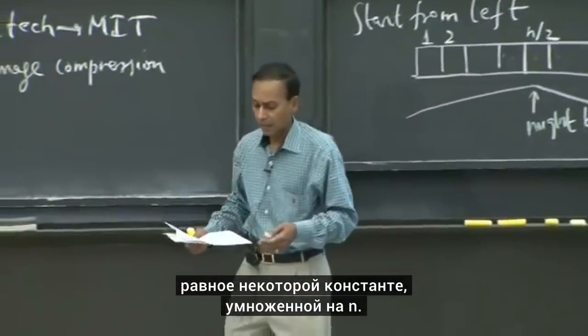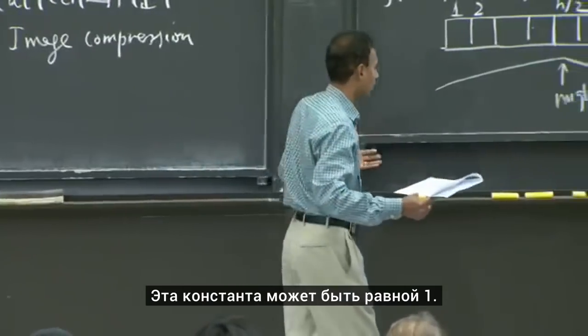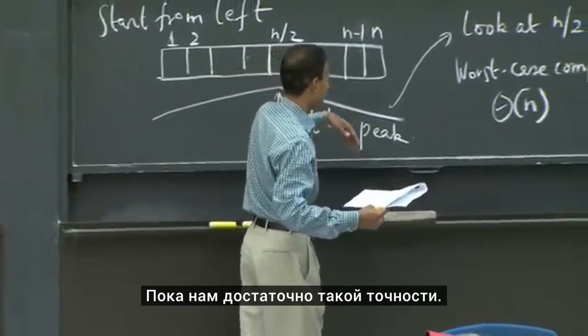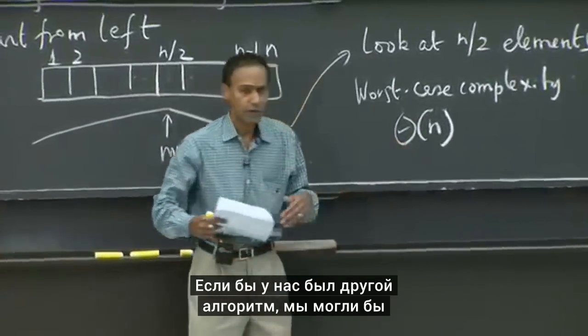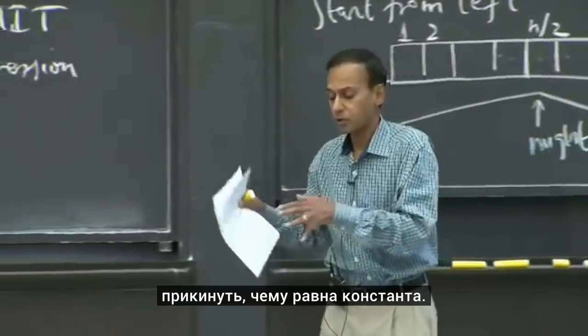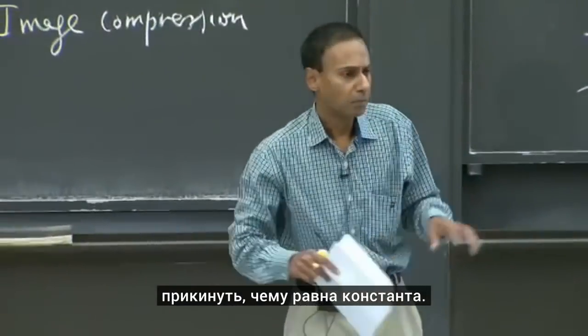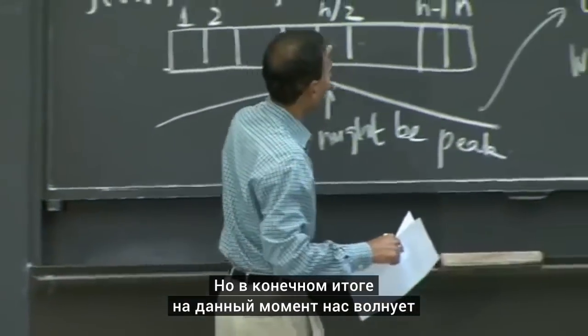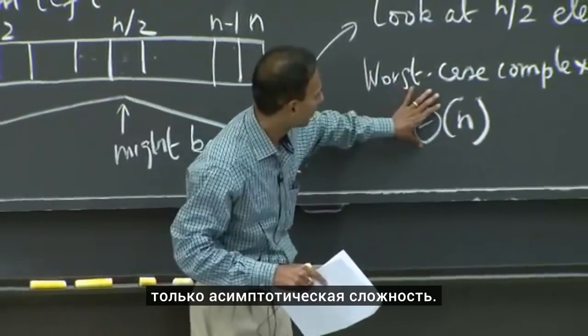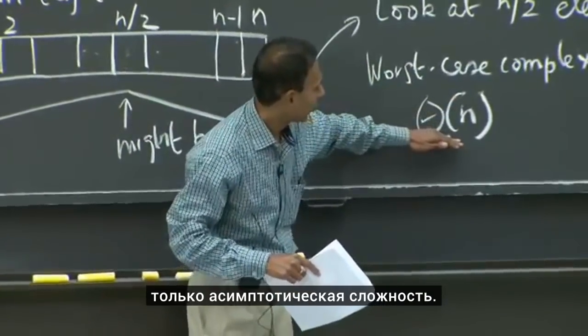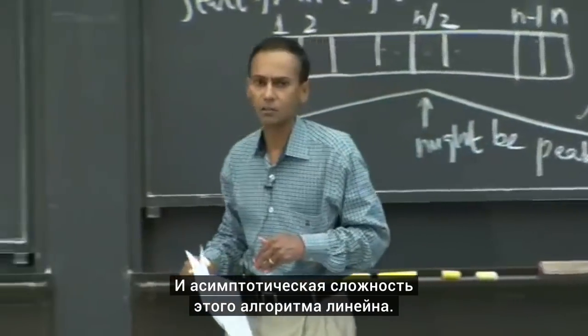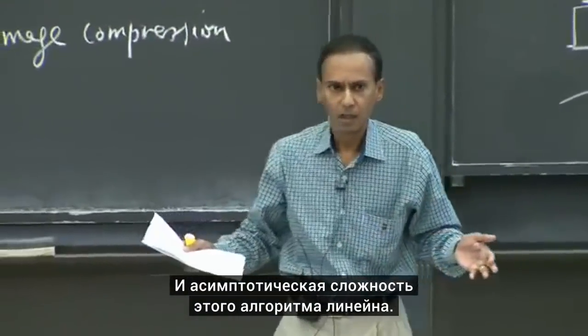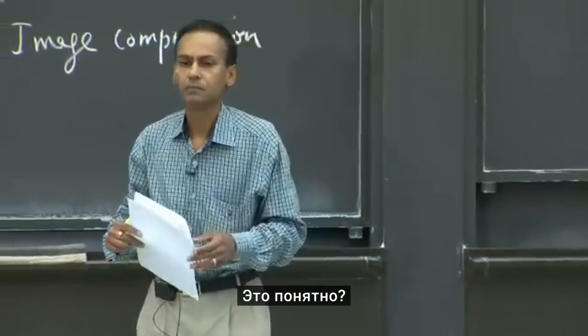Okay? And that constant could be 1. You could certainly set things up that way. Or if you had a different kind of algorithm, maybe you could work on the constant. But bottom line, we are only concerned at this moment about asymptotic complexity, and the asymptotic complexity of this algorithm is linear. All right? That makes sense?